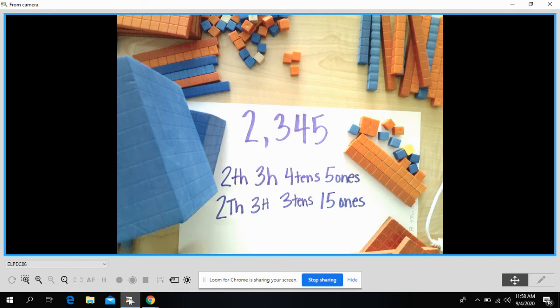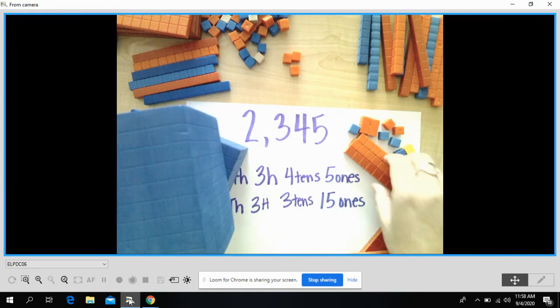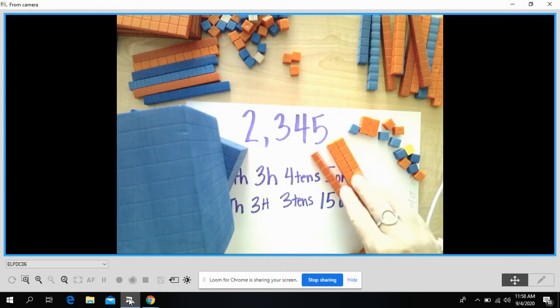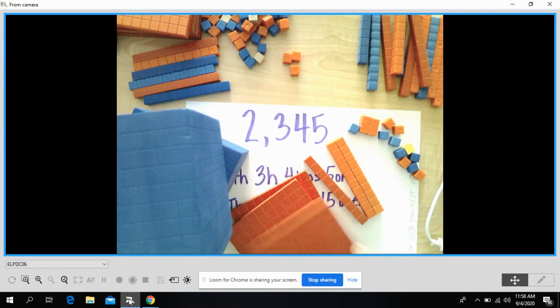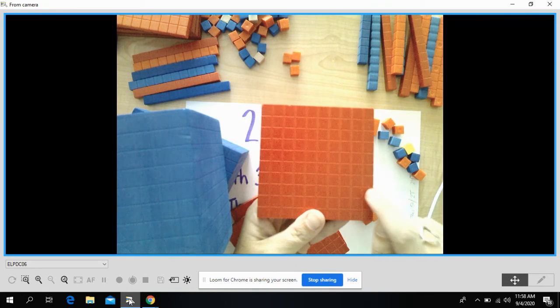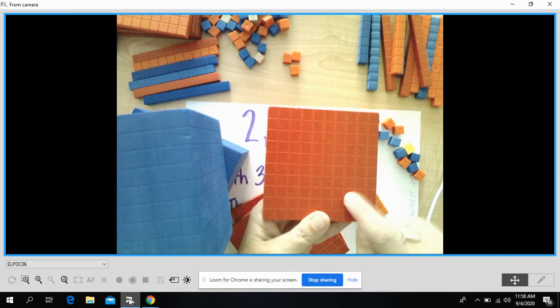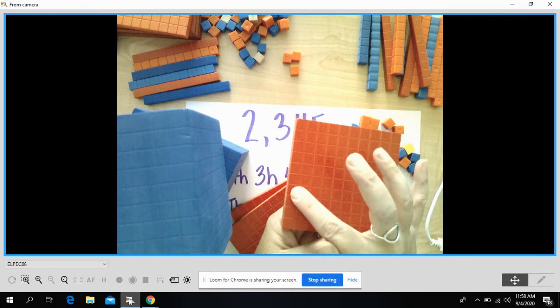What would you do if I had my 2,000s, my 3 tens, my 15 ones, and my 300s? What if I took 100 away? I would have to replace it with something. Well, 100 is the same as 10 tens. 10, 20, 30, 40, 50, 60, 70, 80, 90, 100.